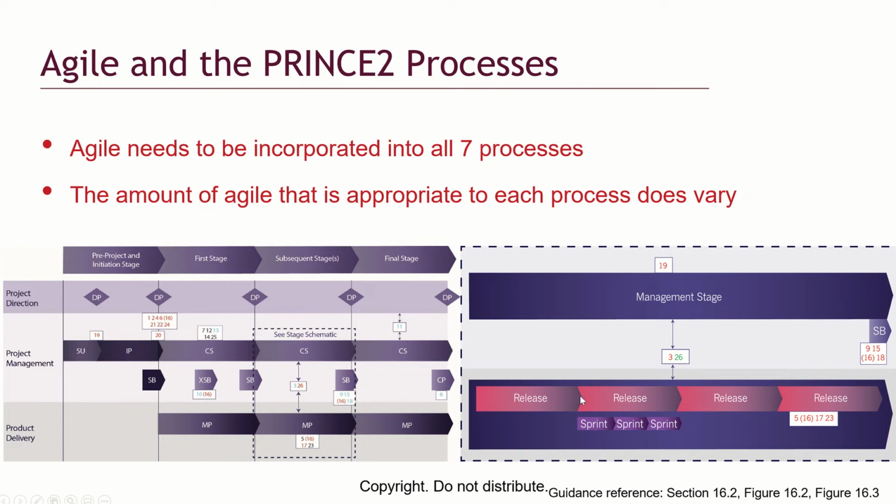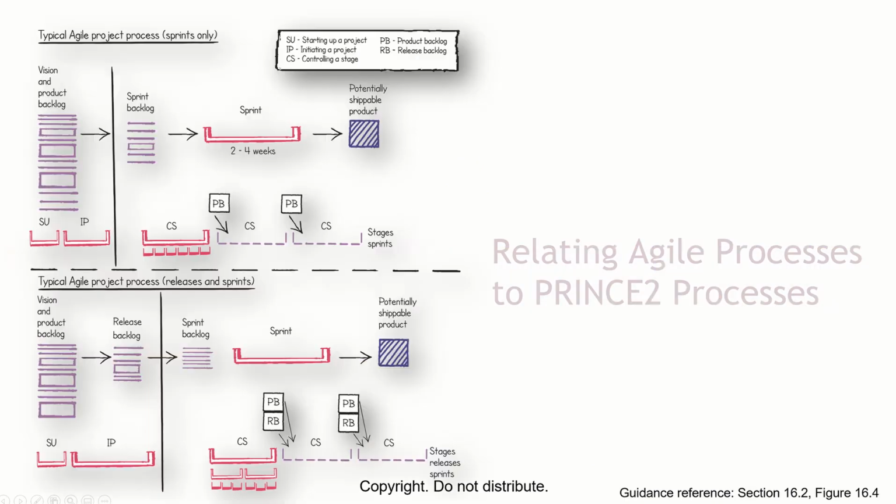This release point, which is making available a product to the users to use, is similar to a stage boundary. And this end of a particular release is also called a sprint.